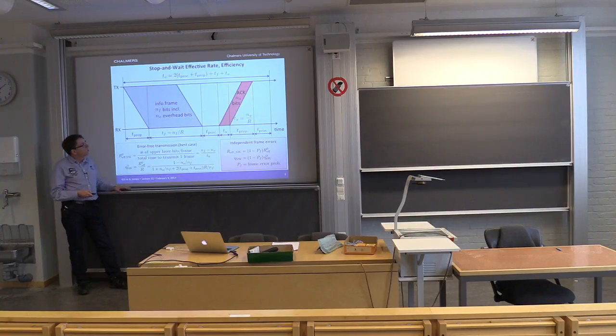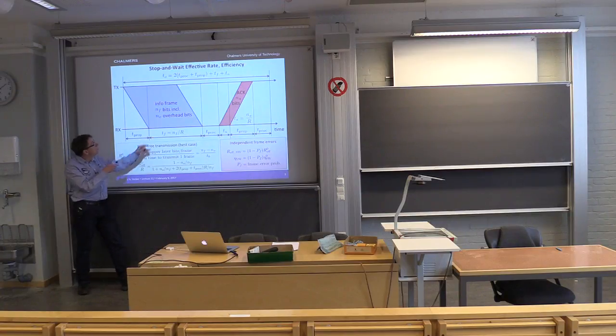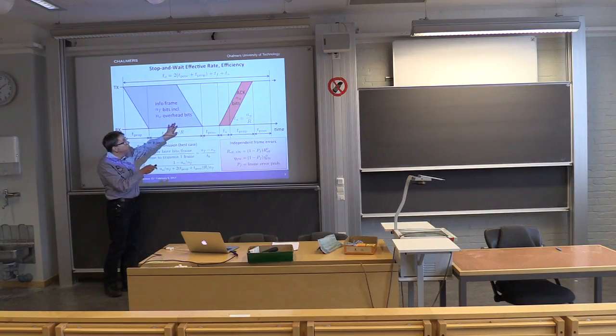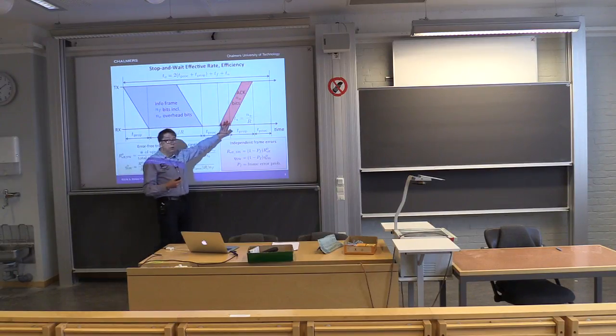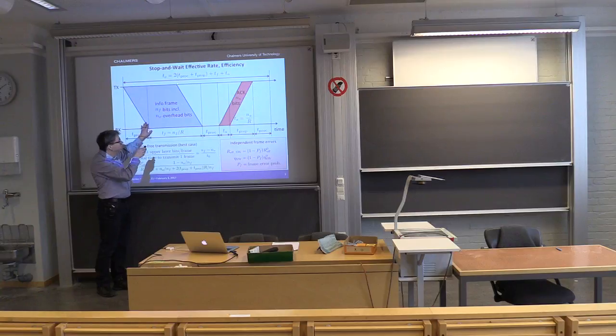And the reason why it's not efficient is because it has to spend a lot of time here. From this point in time to that point in time, it's idle. It's not transmitting any data because it has to wait for the acknowledgement. So to make this more efficient, what we want to do is transmit the frame, and then transmit the next frame already at this point in time, not at this point in time.